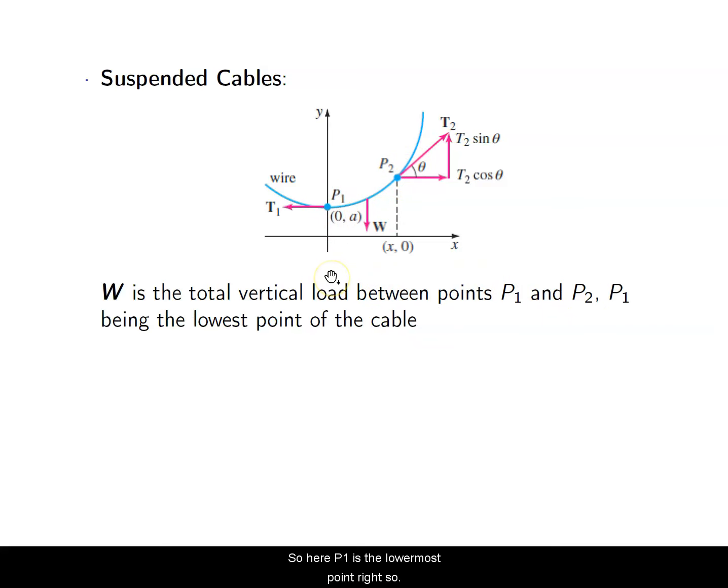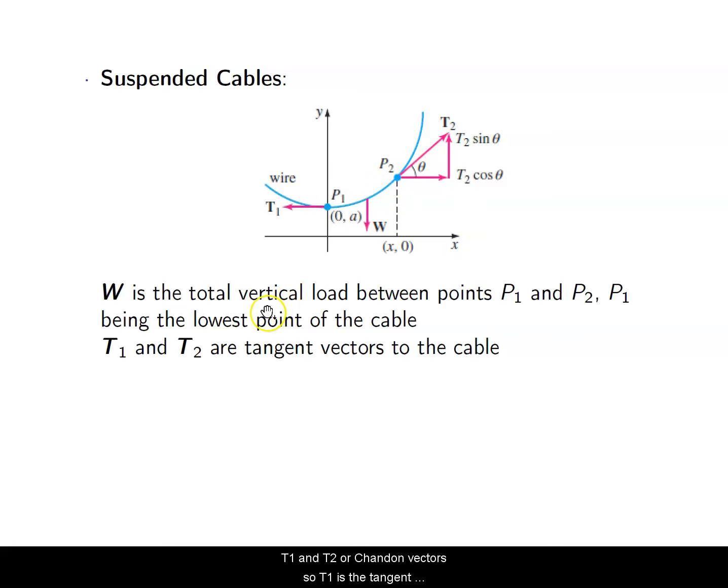Here P1 is the lowermost point, right? So if this was a quadratic, it would be at the vertex, the lowest vertex, the minimum value, and P2 is just some other point along the curve, along the wire, right?